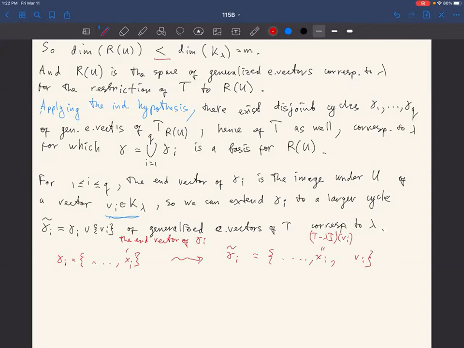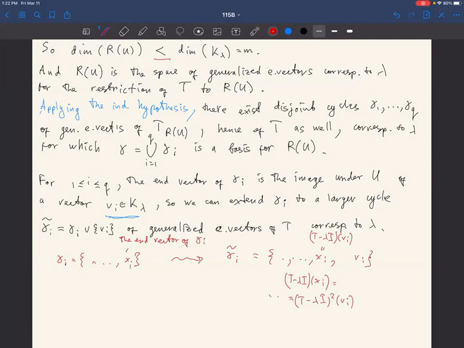Okay, but then remember, what was the next vector in this cycle? It was t minus lambda I of xi, right? But then I can write it as t minus lambda I square of vi, because xi is given by u applied to vi.